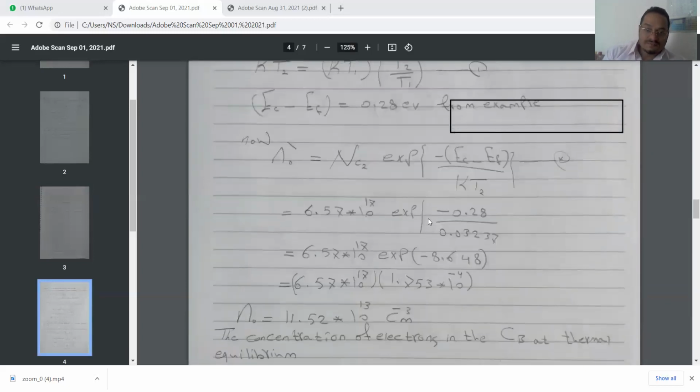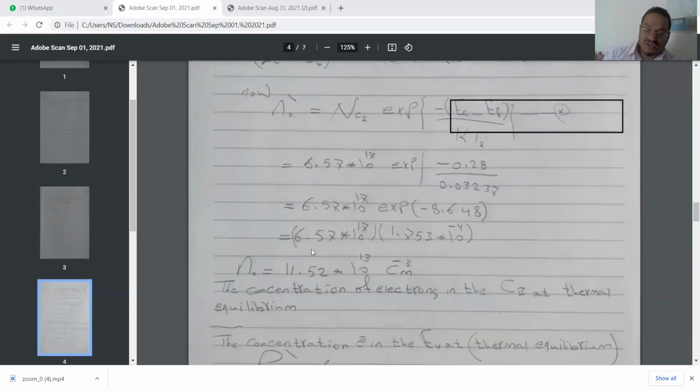We have this result. That means the concentration of electrons in the conduction band at thermal equilibrium equals 11.52 times 10 to the 13. Let us use this.